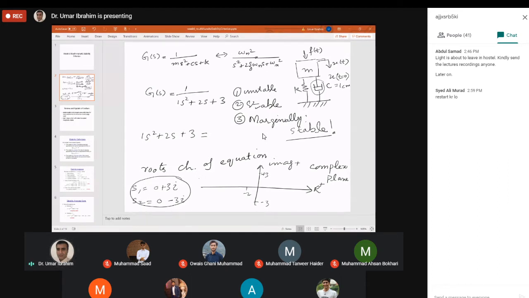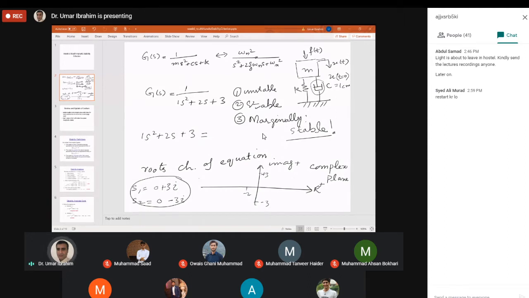Second, if you have the governing equation or the transfer function of the system, you find the characteristic equation, then find the roots of that characteristic equation, and observe the real part of the roots. If the real part is positive, the system is unstable. If the real part is negative, the system is stable. If the real part is 0 and they are two complex poles, then the system is marginally stable.